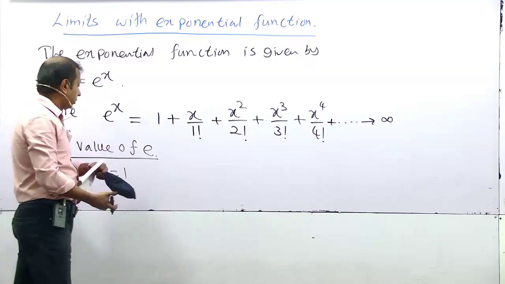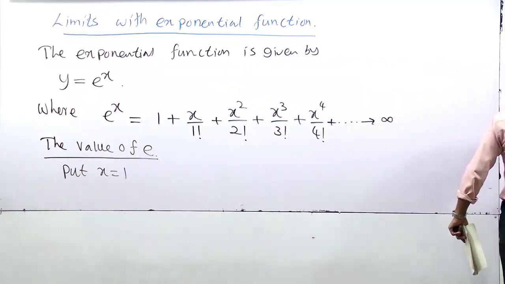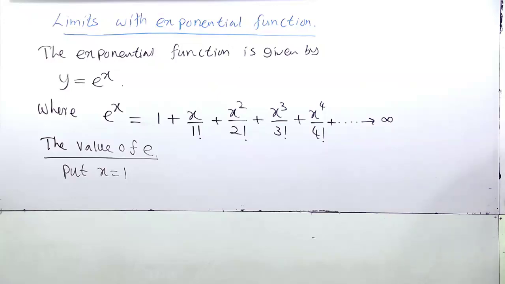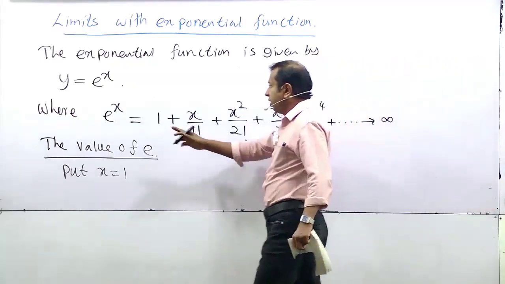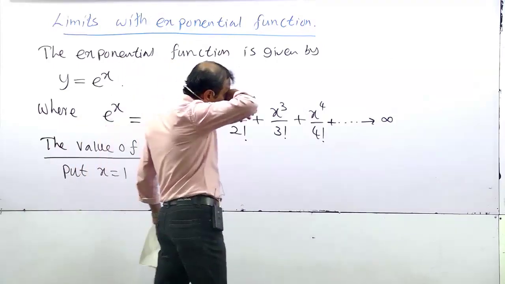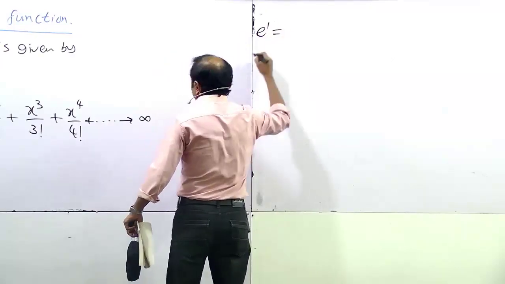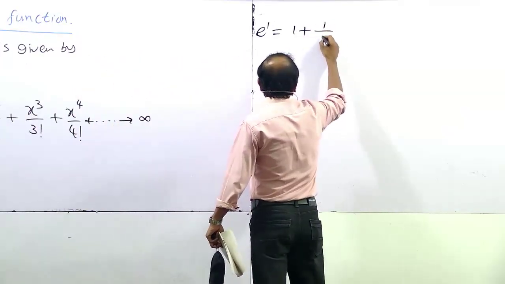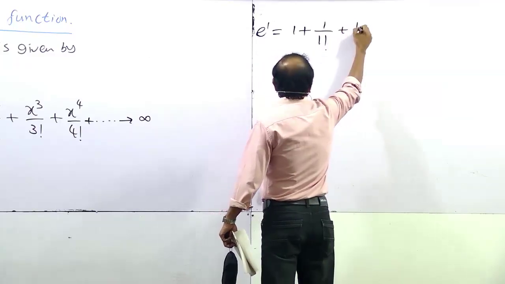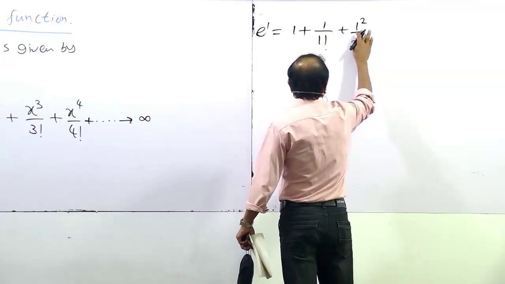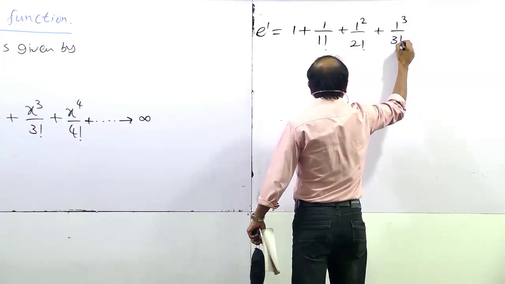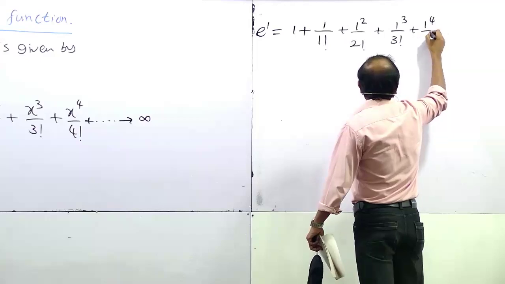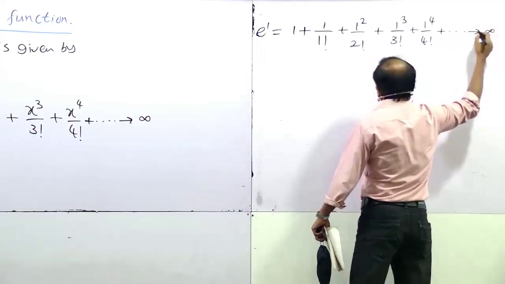On the left we get e to the power 1. On the right-hand side, put x as 1: 1 plus 1 over 1 factorial, plus 1 squared over 2 factorial, plus 1 cubed over 3 factorial, plus 1 to the power 4 over 4 factorial, and so on. This continues up to infinity.